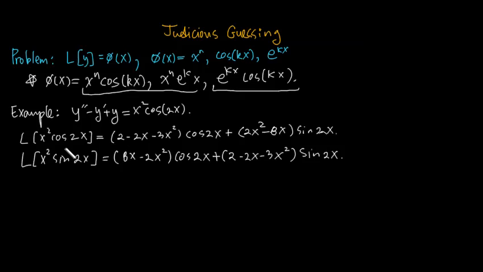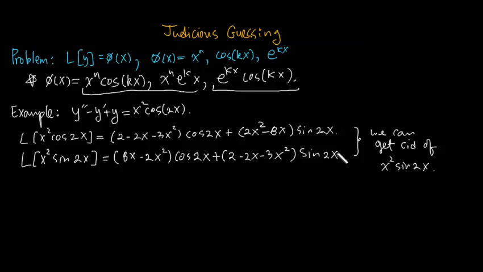That's the calculation you have to go through, and you can see the coefficients get messy. What is clear at this stage is that we can get rid of the x squared sine 2x term. Then we have to get rid of x times sine 2x and the constant times sine 2x.